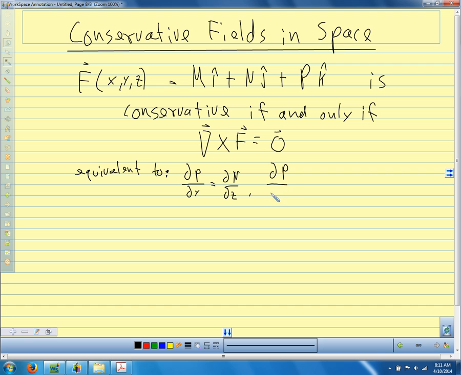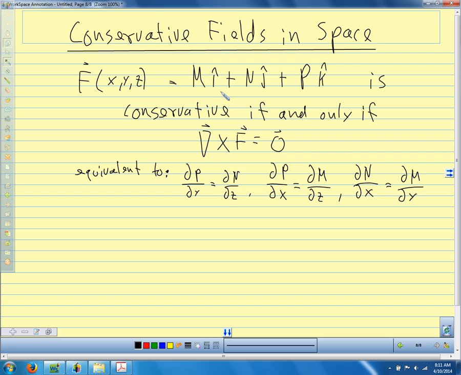The partial of P with respect to x equals the partial of M with respect to z. And the partial of N with respect to x equals the partial of M with respect to y. And all of these equations follow from our mixed partials being equal.